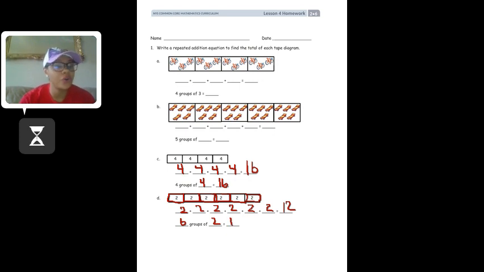And just like I said earlier in this lesson, as I stated last week in our lessons, 6 groups of 2 equals 12 is the same thing as saying that 6 times or multiplied times 2 equals 12. And so you're going to learn that next year when you get to 3rd grade, okay? And so now we're going to finish our last page of our homework for today, okay?